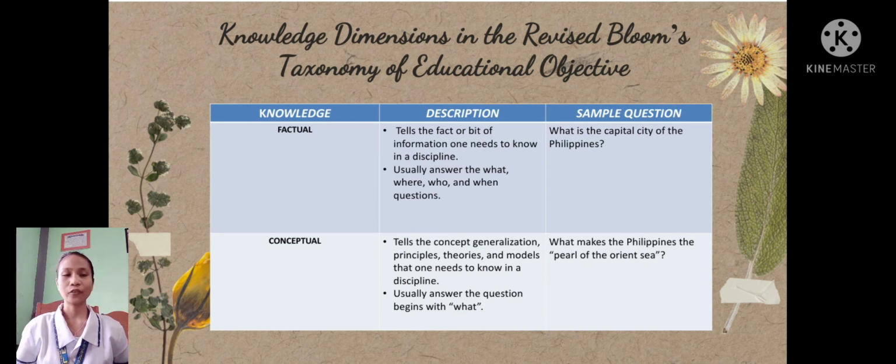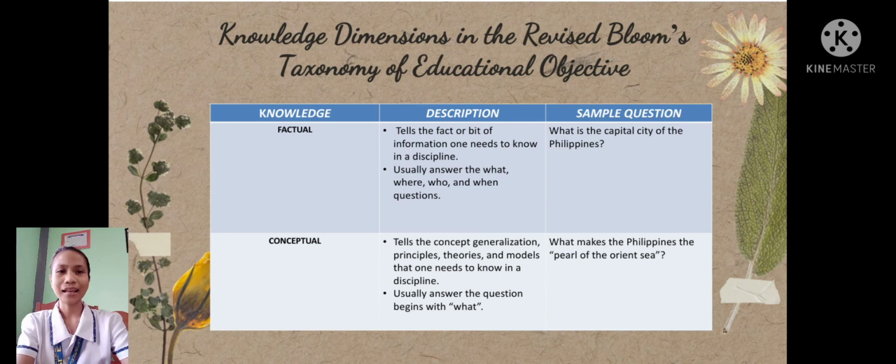Factual tells the facts or bits of information that one needs to know in a discipline. Usually, it answers the questions what, where, who, and when. An example of factual knowledge is what is the capital city of the Philippines?